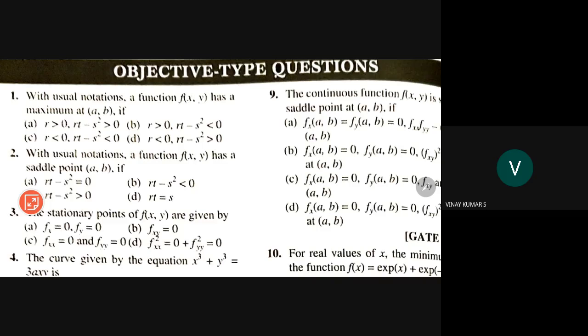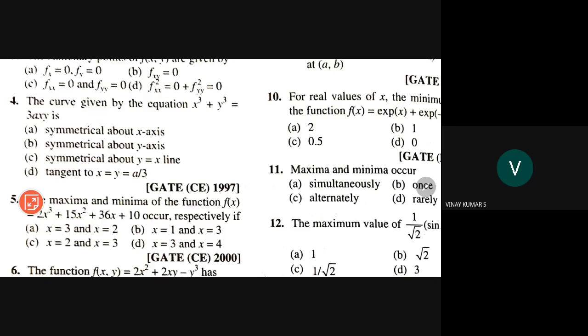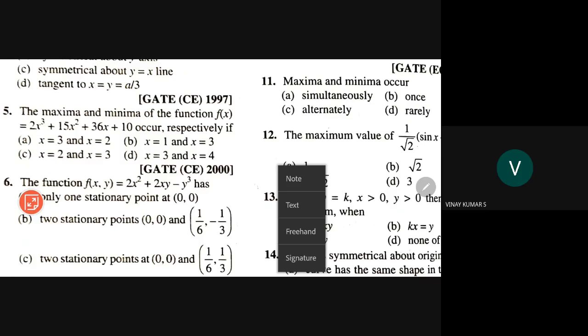Here we'll see: with usual notations, a function f of xy has a maximum at (a, b). Direct question. This is from the definition. We go to the labeled ones. The curve given by the equation x cube plus y cube is equal to 3axy is symmetrical about the x-axis. No, I don't go for symmetries. That we can talk about separately.